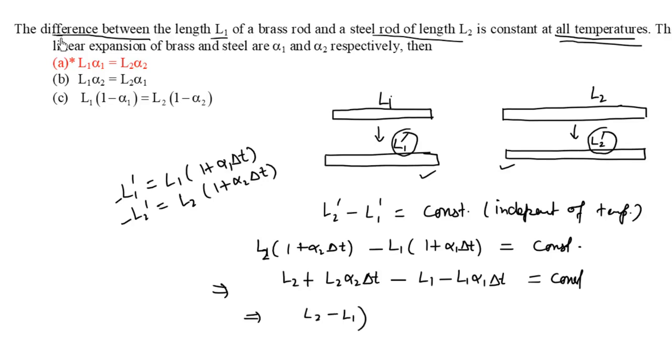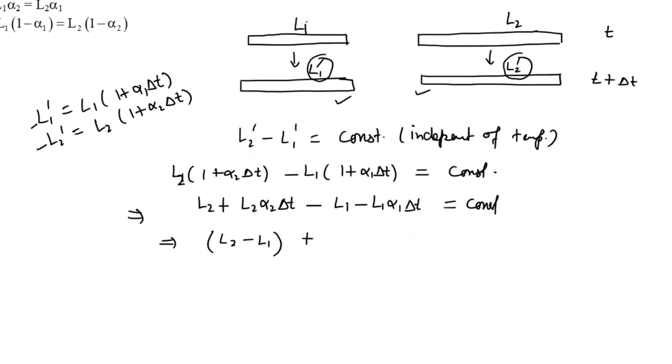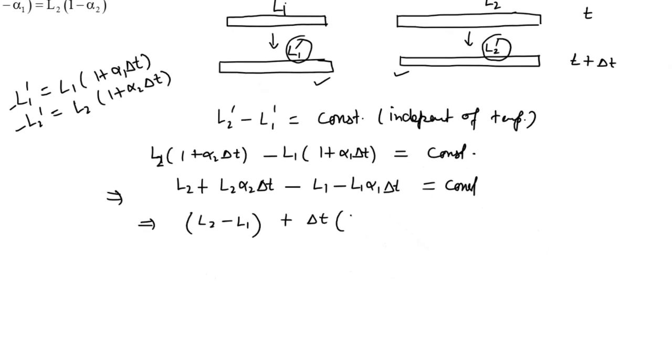That is, L2 minus L1 plus delta T (L2 alpha 2 minus L1 alpha 1) is equal to constant. Here the expression on the left side of the equal sign has a delta T, I mean the change in temperature.